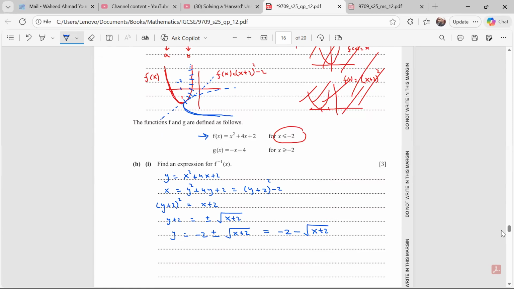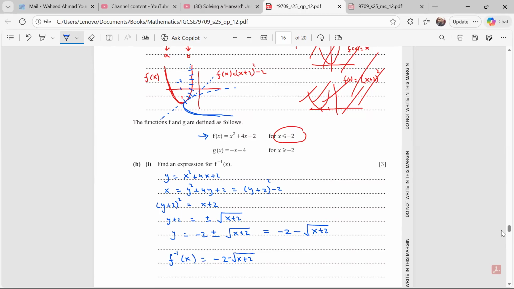Let me make sure for myself that yes, f inverse x is equal to negative 2 minus the square root of x plus 2.